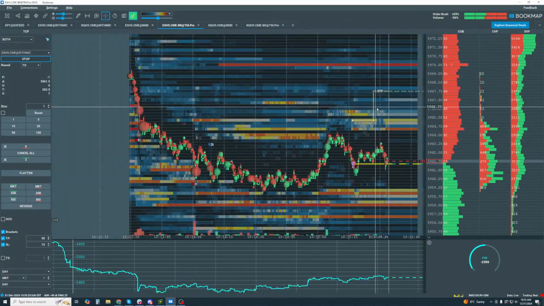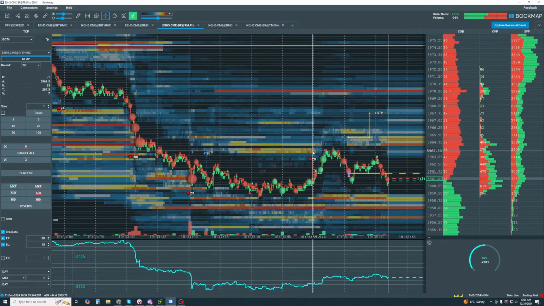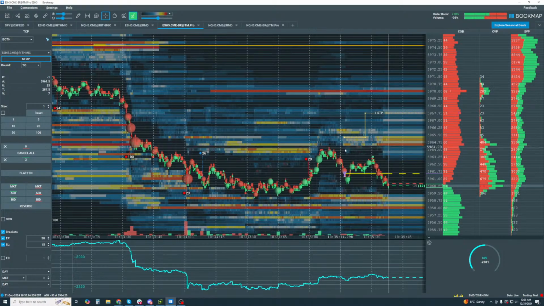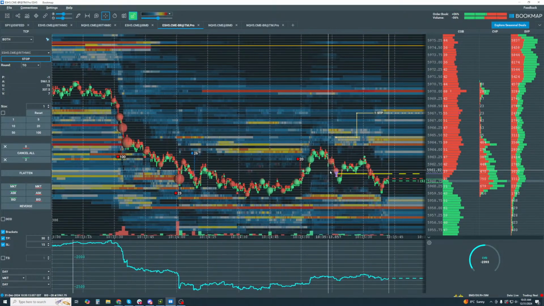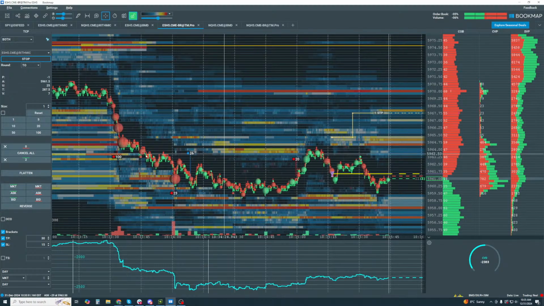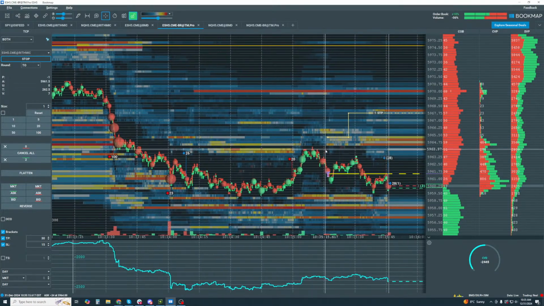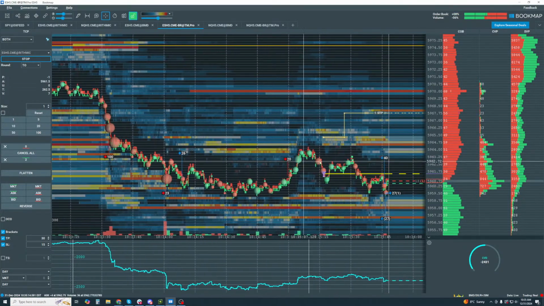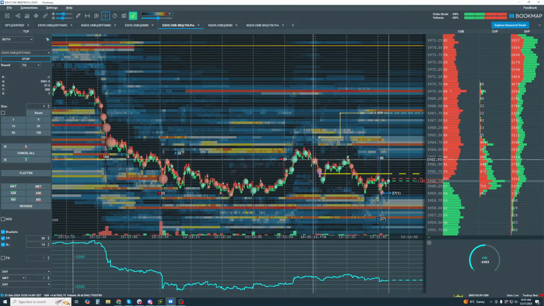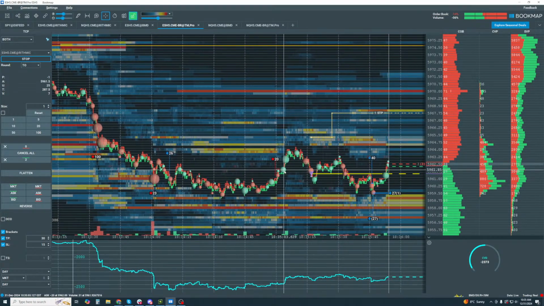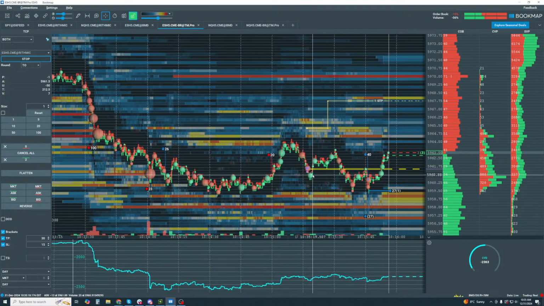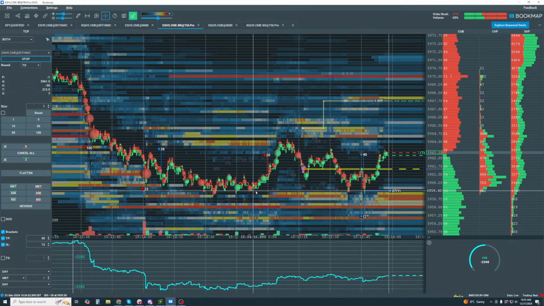Now, the reason being is we tested here, and then we started to see the selling coming in. Okay, so now we know that we've tested up here, and we started to see this selling, and once I saw it starting to come back down below this area here, I'm looking for sellers to take it low.